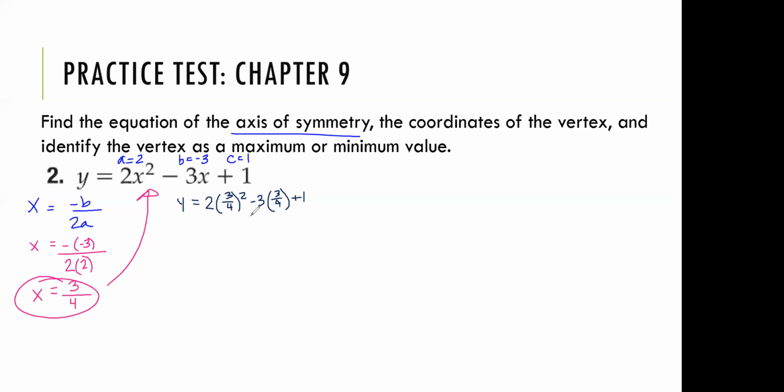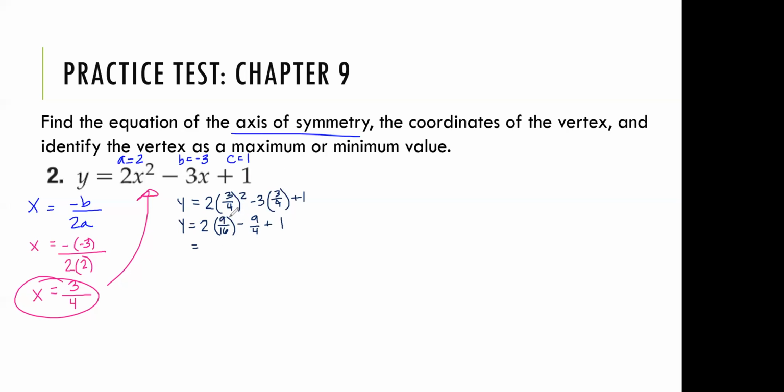Okay, so y equals 2 times 3 to the second power, which is 9, over 4 to the second power, which is 16, minus 3 times 3/4, so 3 times 3 is 9 and 1 times 4 is 4, 9/4, and then I still have this plus 1, okay?